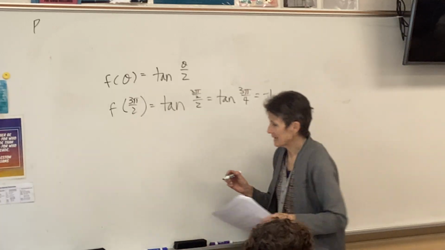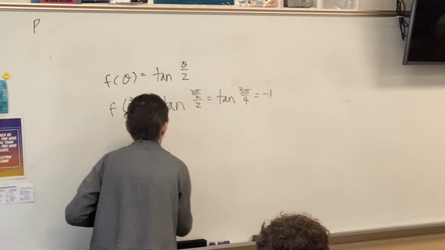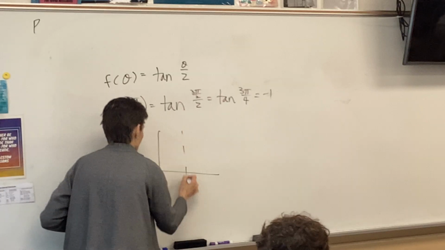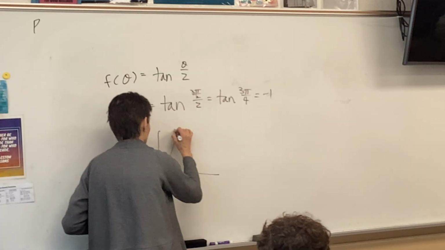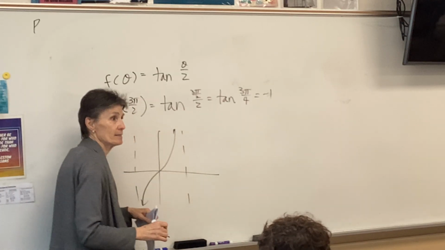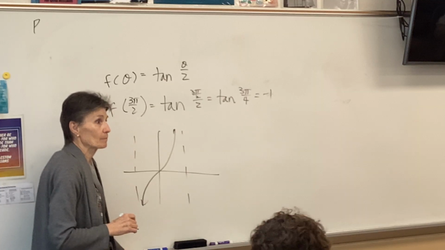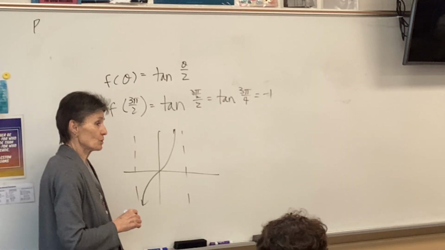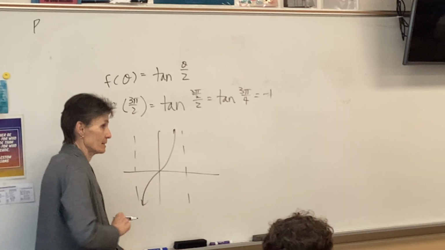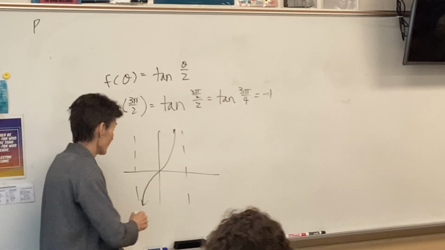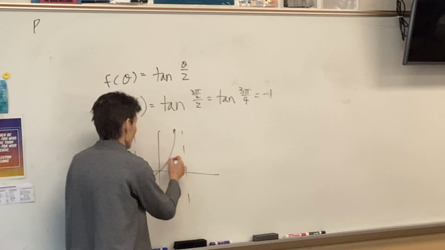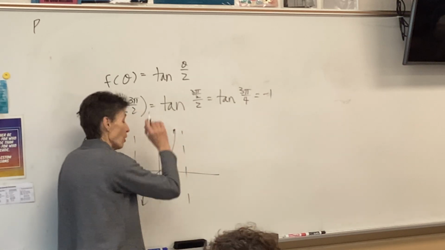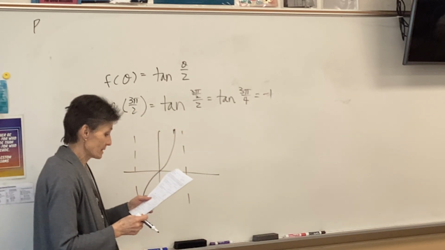Think about what a tangent looks like. It's always increasing. Always. Cotangent, on the other hand, is always decreasing.